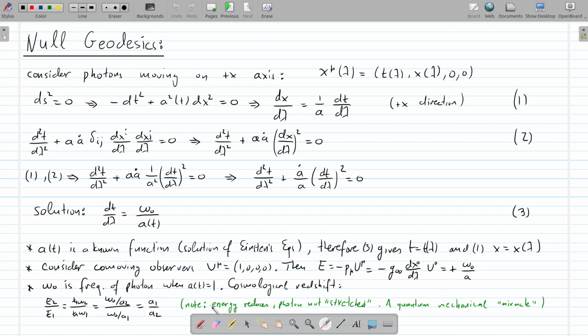So the energy reduces. That affects, of course, the wavelength of the photon, but don't confuse it with the fact that the expansion of space stretches the wavelength. It is just a fact of the quantum mechanical connection between energy and frequency.